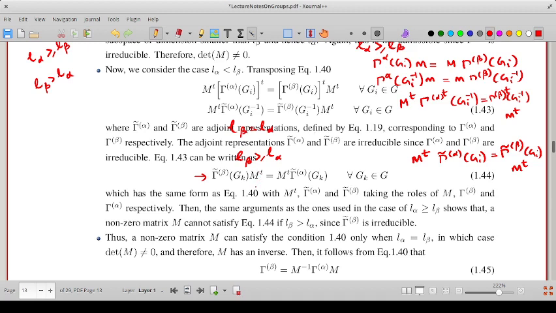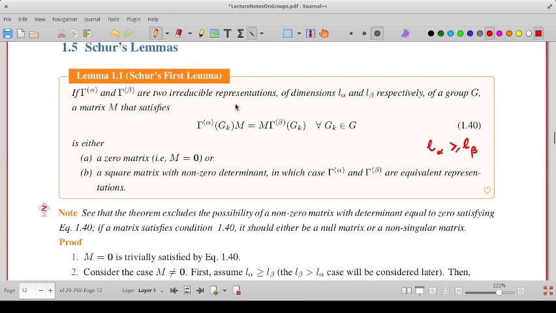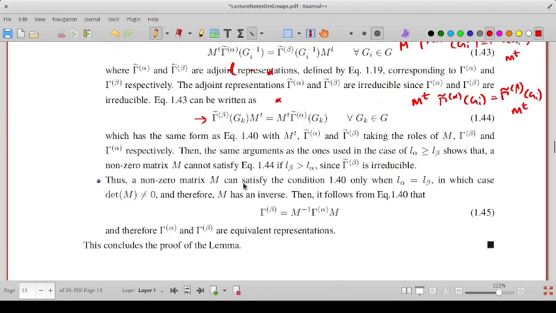So what we have proven is the following. If m is not equal to 0, and it also satisfies this condition, then determinant of m is not equal to 0, and L alpha is equal to L beta.